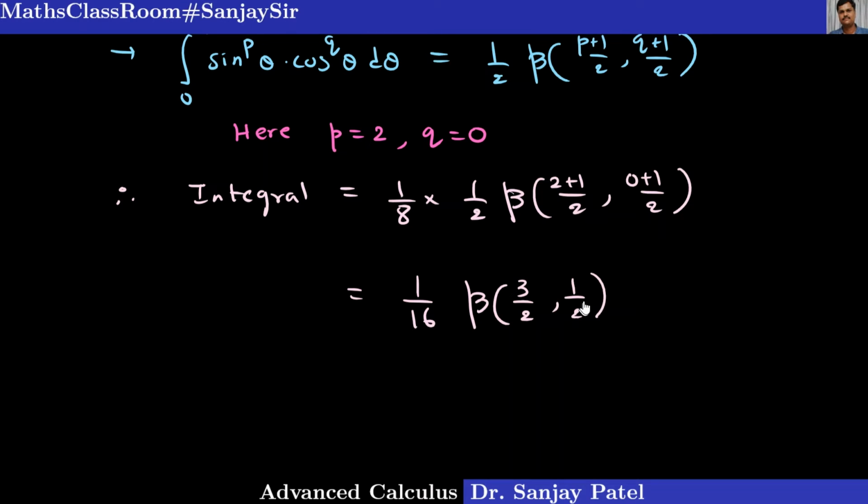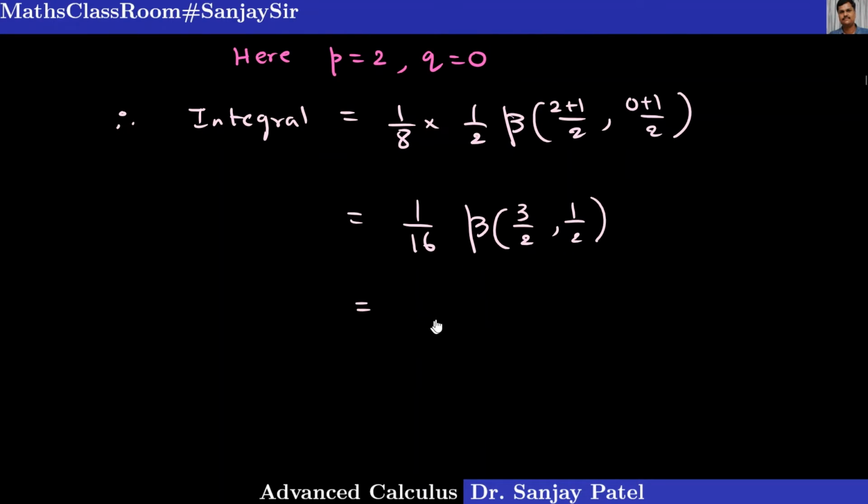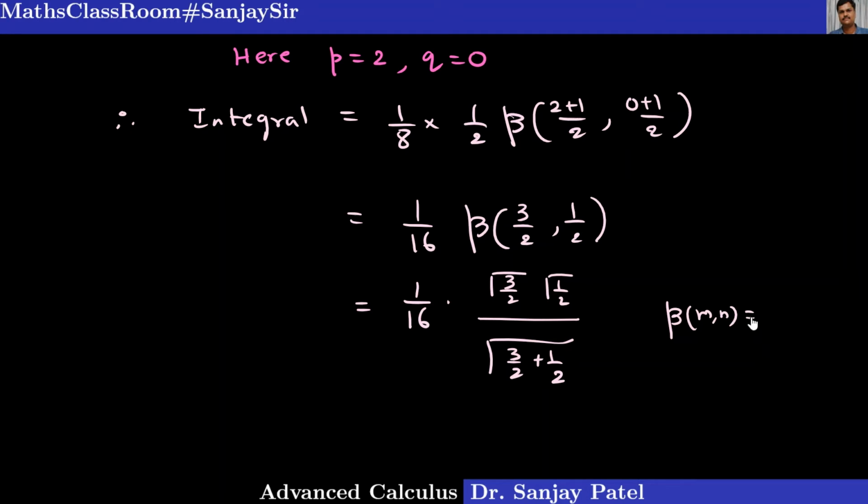Now we are not getting integers here, so it is an interesting thing. To find the value of this beta function, let us use the relation between beta and gamma function. Beta m comma n is gamma m into gamma n upon gamma of m plus n.